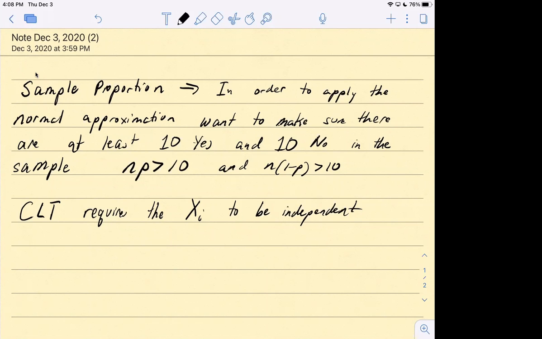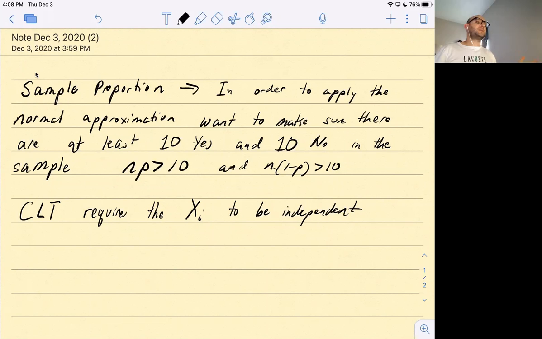So it's actually a lot like picking marbles out of a jar.